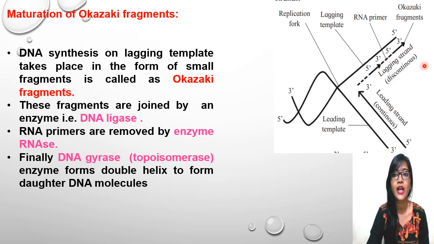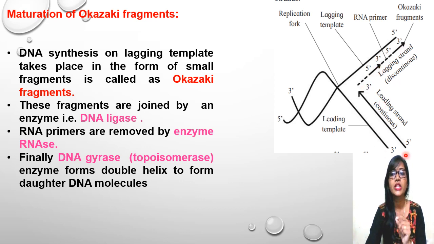Why is there discontinuation? Because there is a 3' to 5' end. Can you observe that 3' to 5'? The DNA polymerases can act only in the 5' to 3' direction. So we need the 5' end, and that 5' end is provided by the RNA primer. Now that dotted segment is nothing but the RNA primer. It provides the attachment for the DNA polymerase.